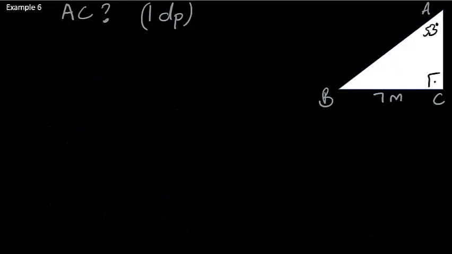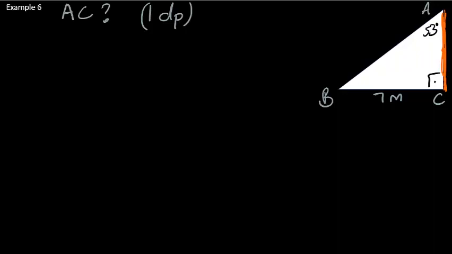Okay, example 6 is asking us what is the length of AC? That is this line that I'm drawing in orange, to 1 decimal place. We are only going to use trig ratios.